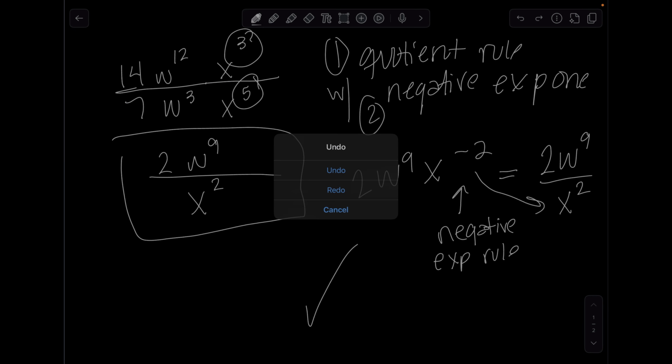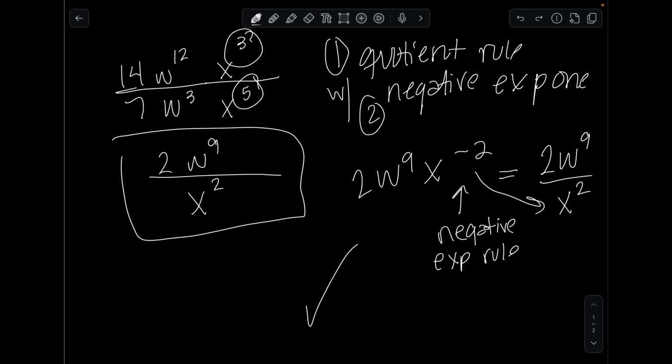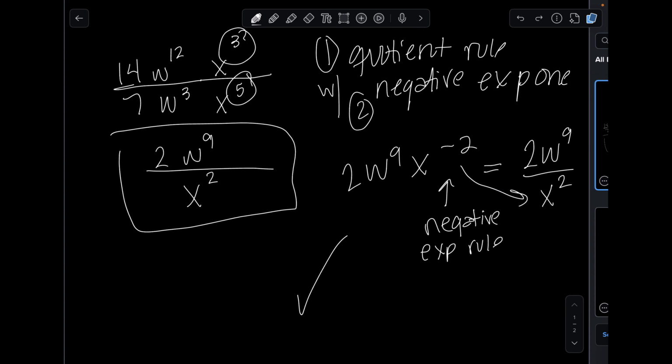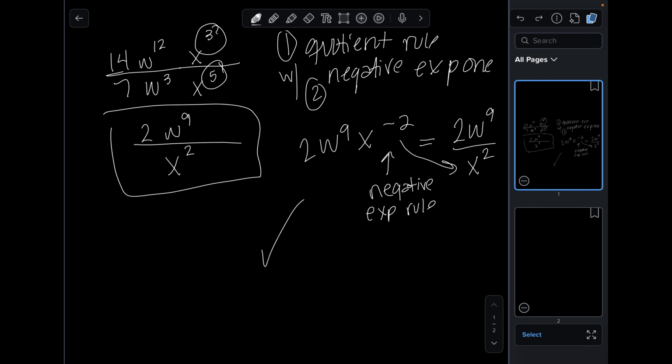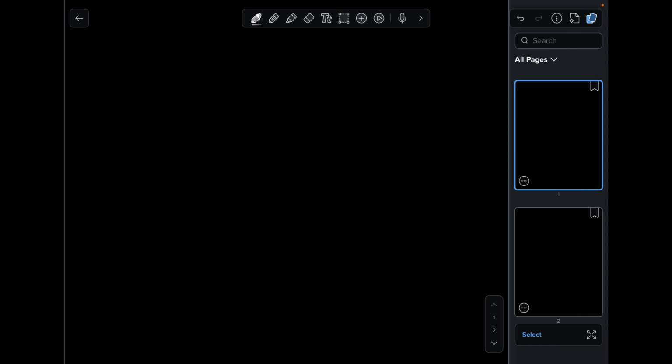So we're going to go ahead and move on to our next rule, which is the negative exponent rule. All right, so let's go ahead and explore it.